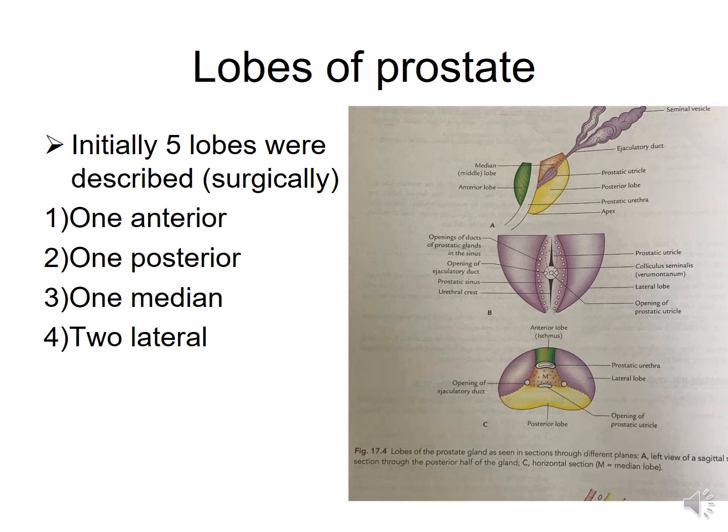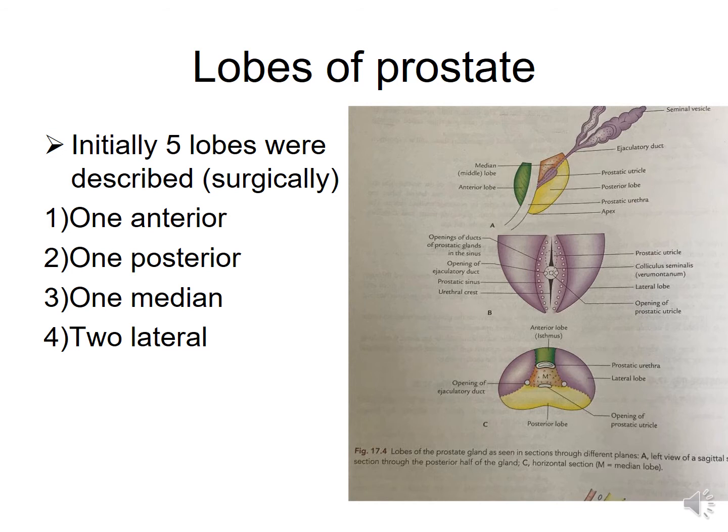So we can see in the diagram the green colored structure lying anterior to the prostatic urethra in diagram A is the anterior lobe, and then the yellow colored structure is the posterior lobe, and a small lobe which is very important clinically is the median lobe between the urethra and the ejaculatory duct and prostatic utricle.